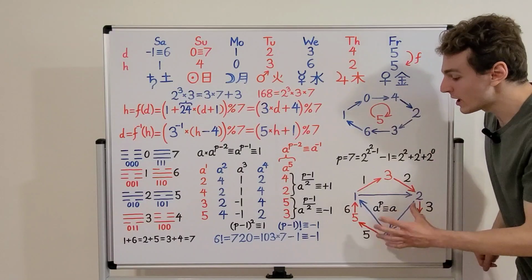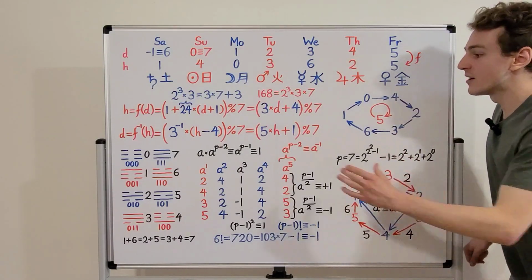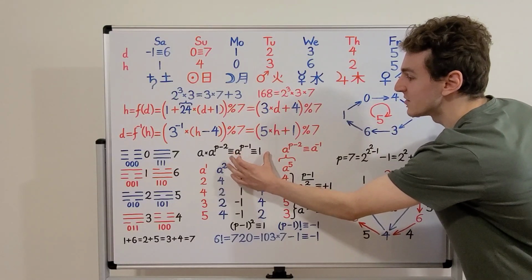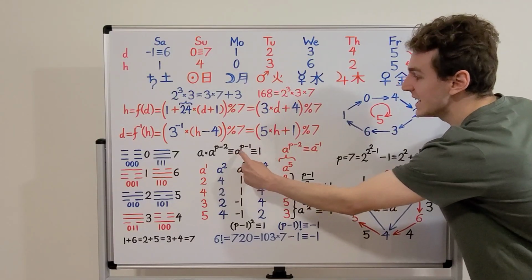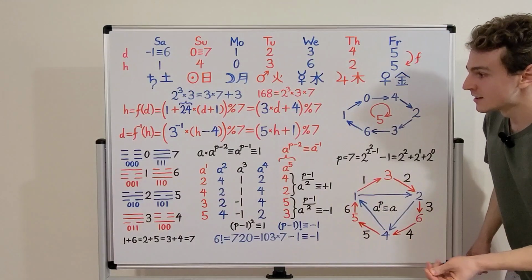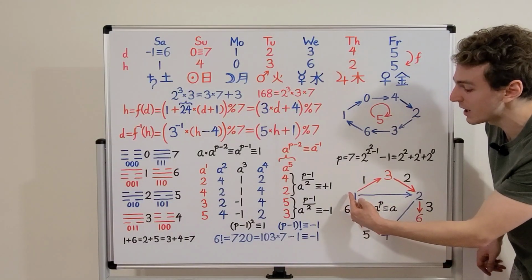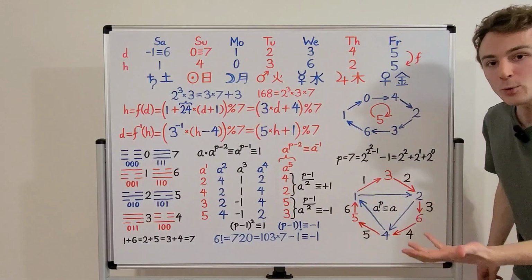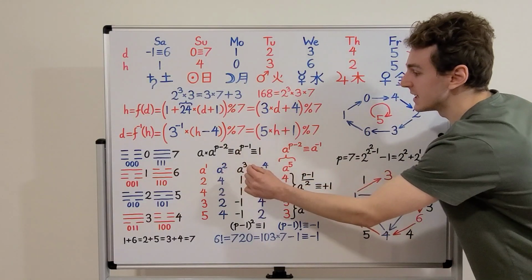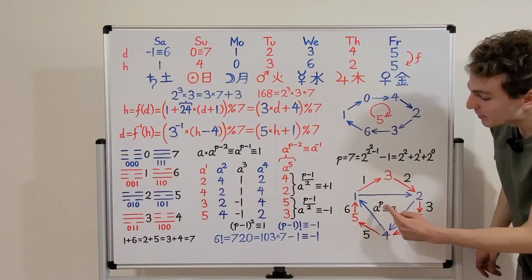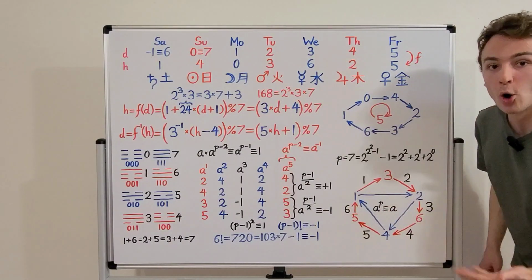So this is another way of observing that we have Fermat's little theorem appearing here. If you have a to the power of 6, you're going to get 1. And here we have 3 to the power of 6, and we have 1. Now, another way of stating Fermat's little theorem is that we can multiply both sides by a, and that means that a to the power of p is congruent to a mod p.